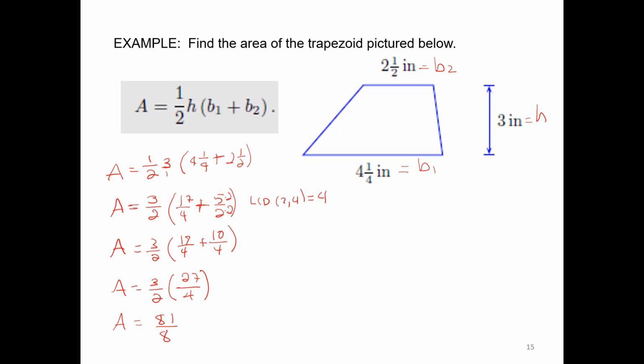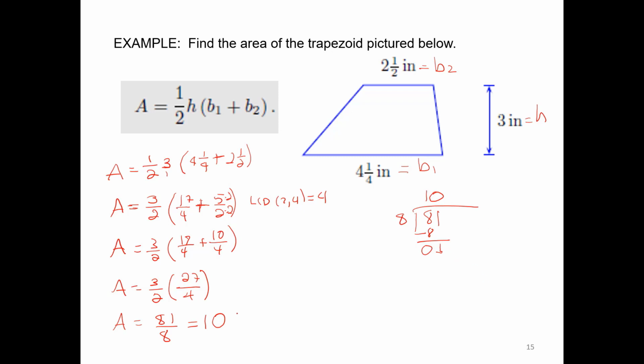Because this is an improper fraction, we can write this one as a mixed fraction. I will divide here. 8 goes into 8 one time, 0, bring 1 down. 8 goes into 1 0 times. Then the final answer is, we can write 10 as the whole number, what we have in the quotient.